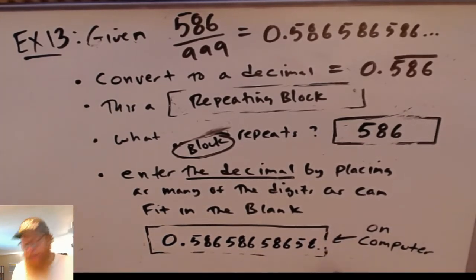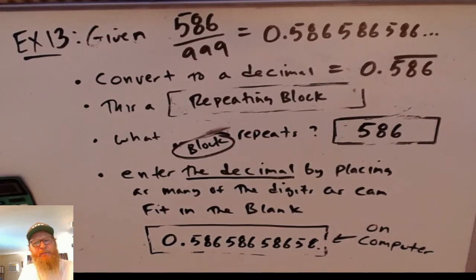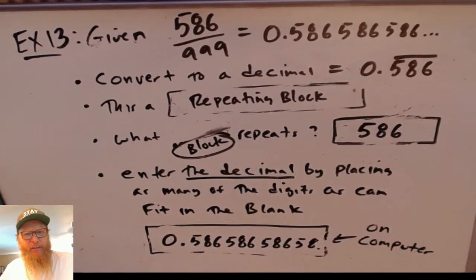Don't worry if you run out of room. Just fit as many of them as you possibly can in the box. Did we already do a 7 or a 13 or an 11? We'll come back and do more of those in a minute.